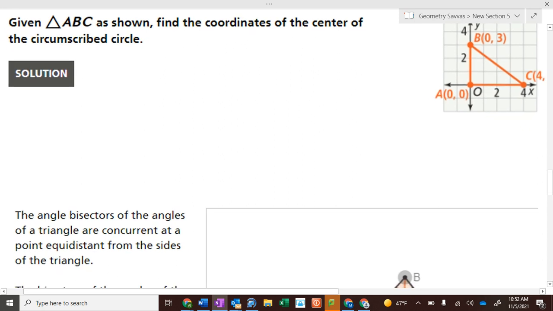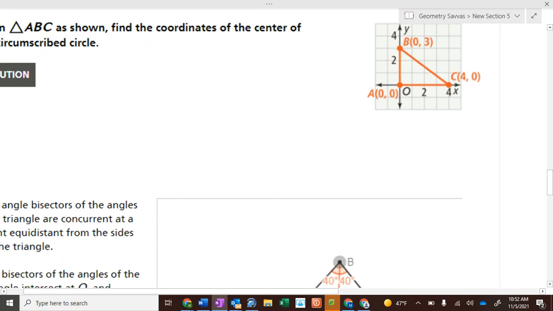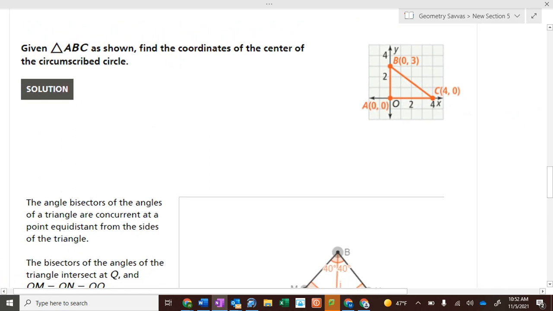Okay. Where this stuff can get a little bit more difficult is when they give you coordinates and you have to find the circumcenter, incenter, orthocenter, things like that. Now, perpendicular bisectors, when you have horizontal and vertical lines, are really easy to draw.